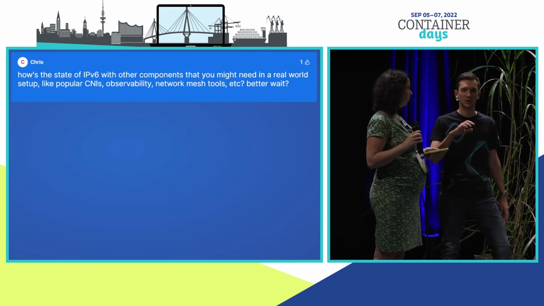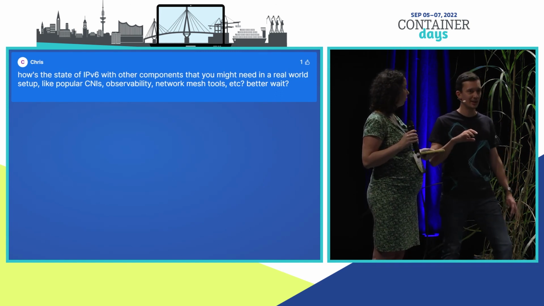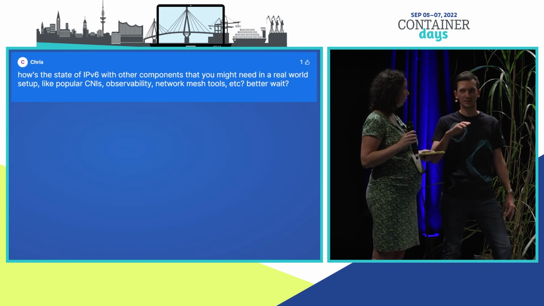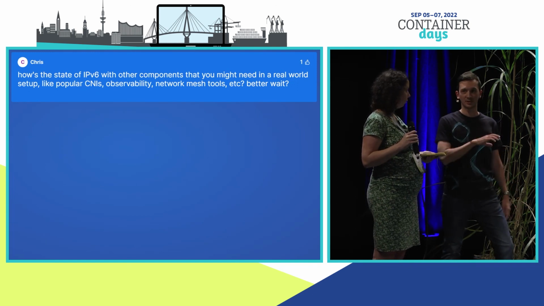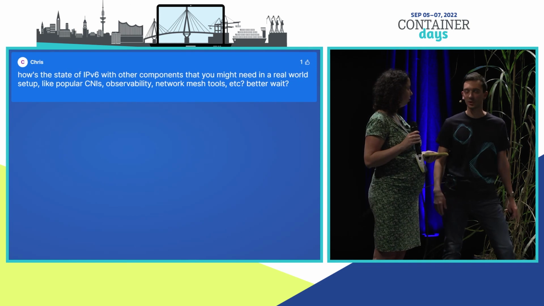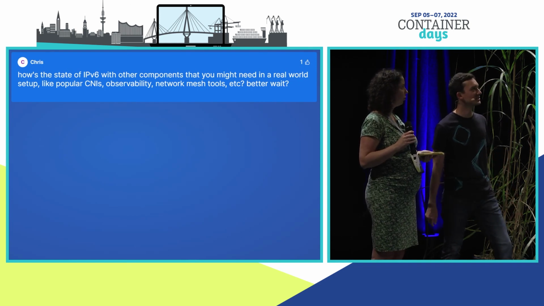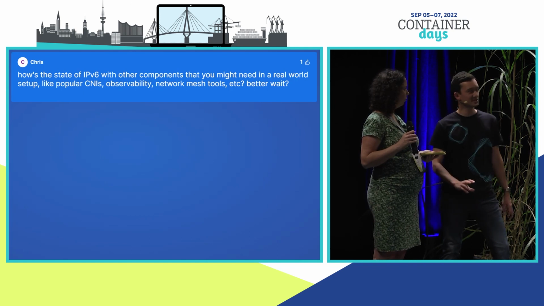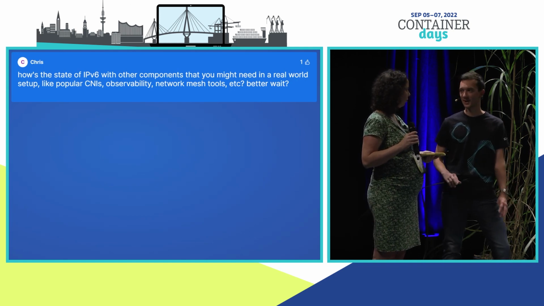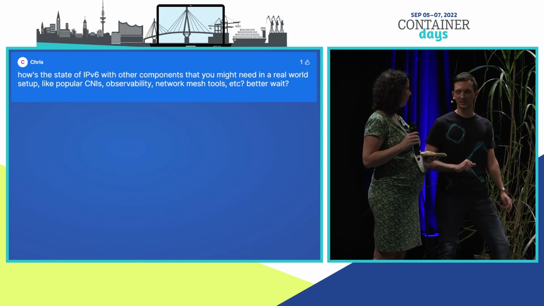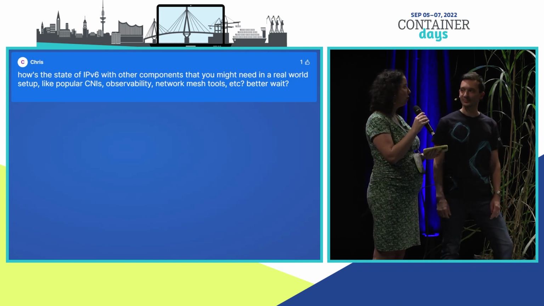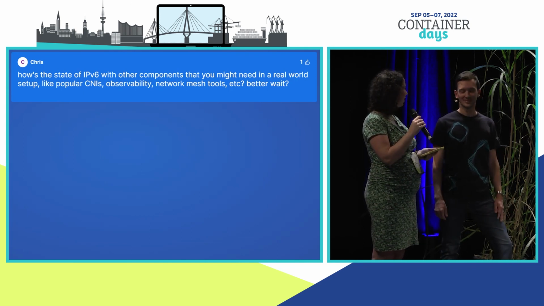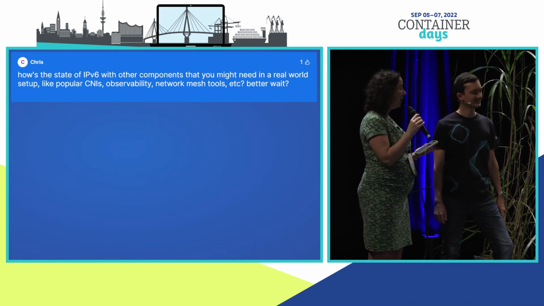So if you have components that just use HTTP, they do not really care about what is on the layer 3 of the networking stack. So in general, it works. I cannot say about service meshes. Those I haven't tried myself, but I wouldn't expect any big issues. I mean, with the rate of adoption, I'm not surprised. It's well integrated.